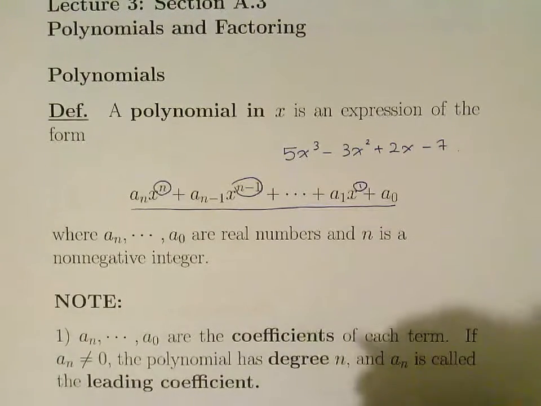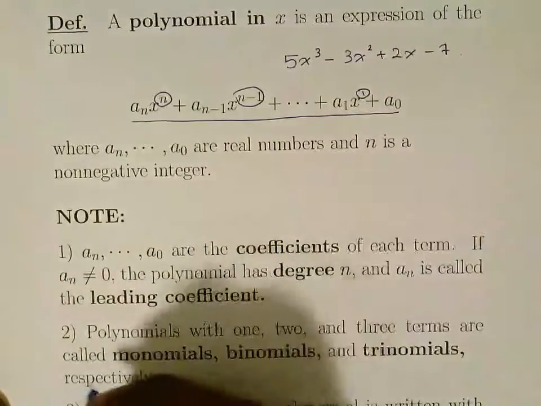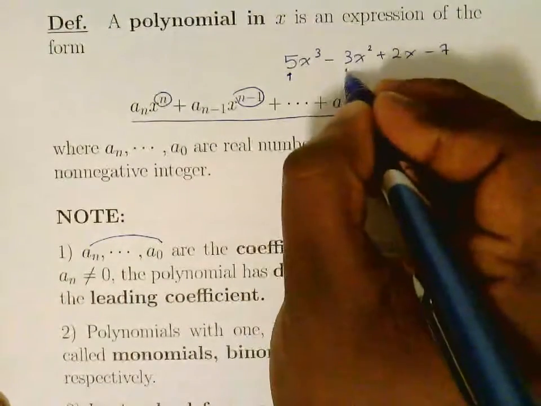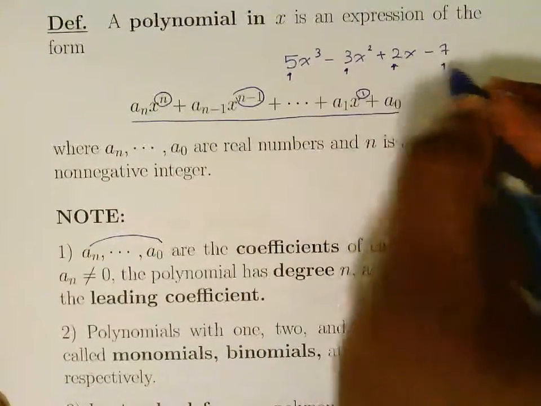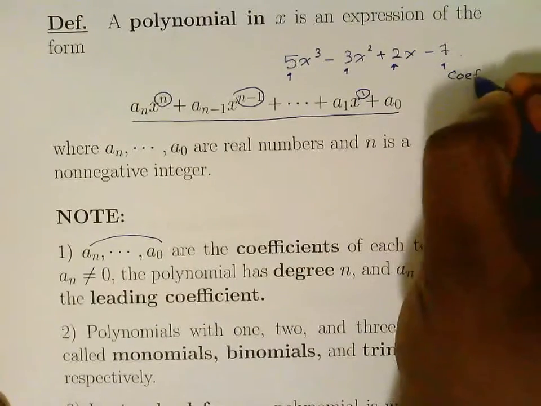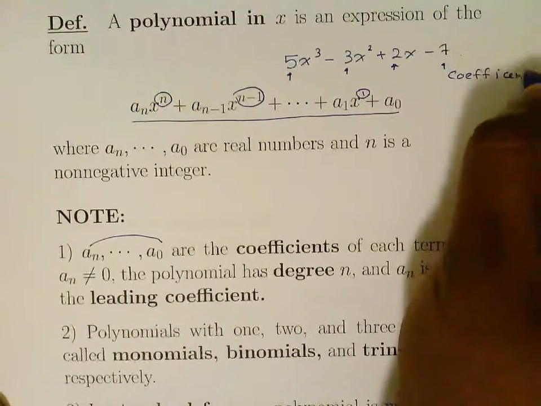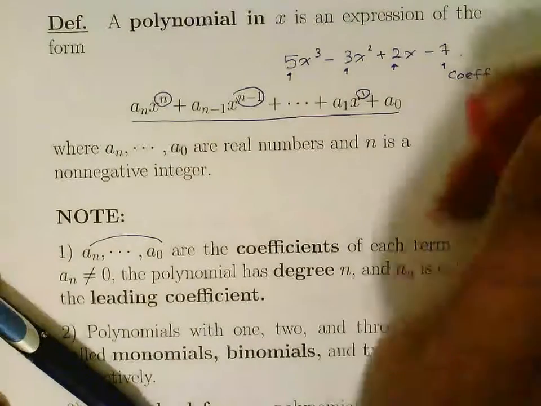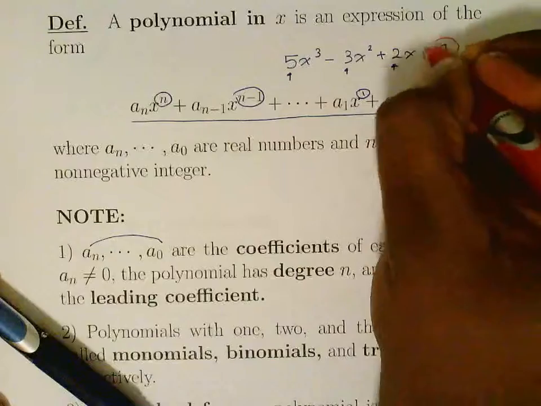Okay, so let's just talk about some naming things. The numbers in front of the variable are called coefficients. And this last number has a special name.